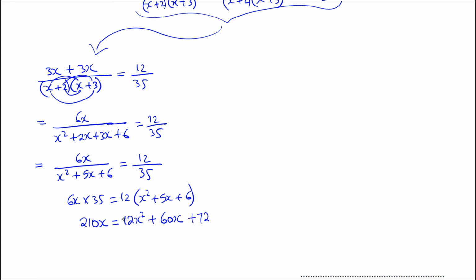Bring everything to one side, you'll end up with 12x squared, and 60 minus 210 is minus 150x, plus 72 is equal to 0.